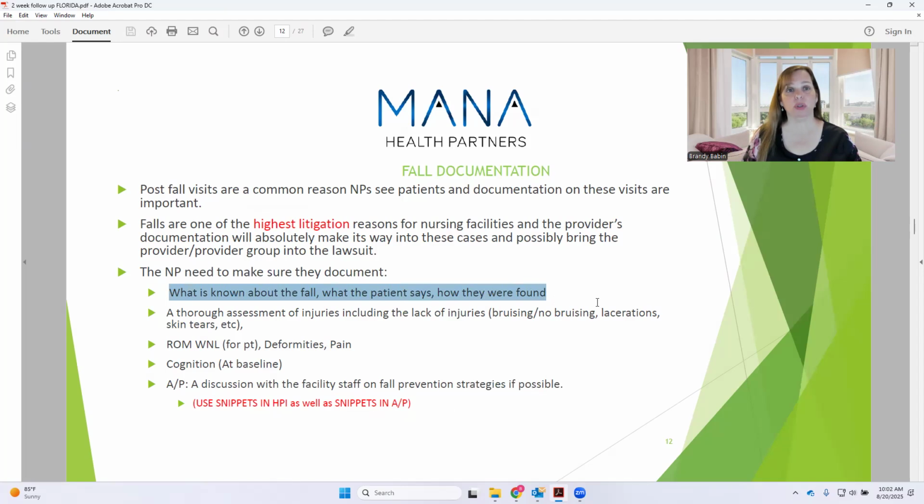Patient was found on the floor next to the bed with a head near the foot of the bed. Patient was found, appears he slid out of wheelchair going to the bathroom. Patient reports he stood up to get his telephone, which had fallen off of the nightstand, and fell to the floor. Whatever it is, what do we know about the fall?